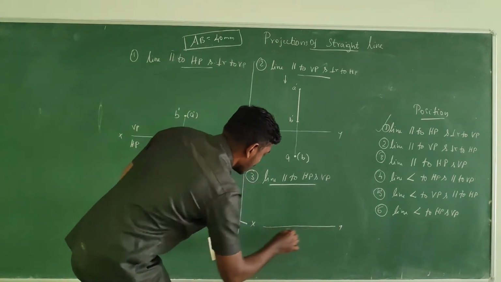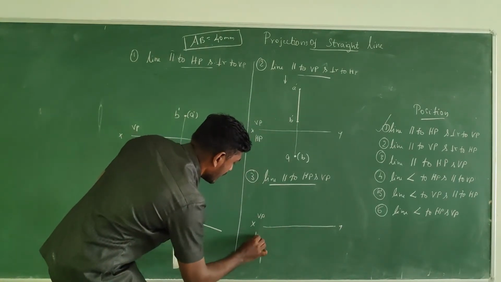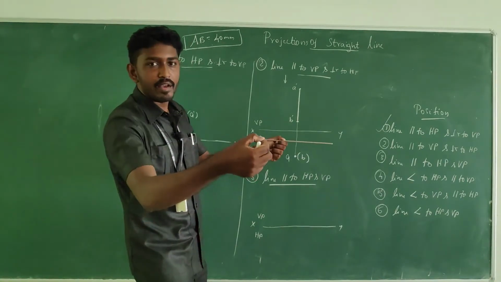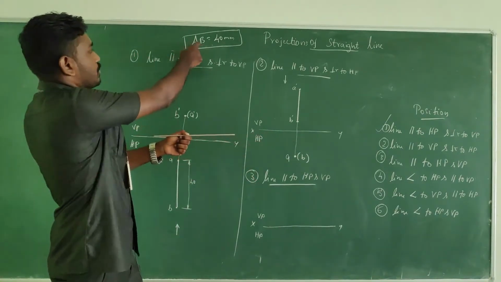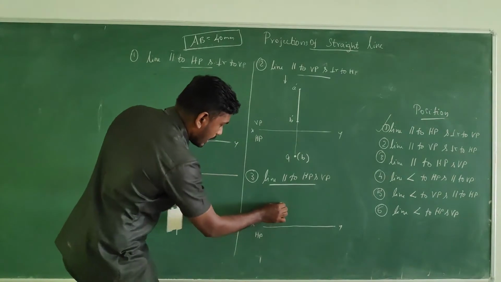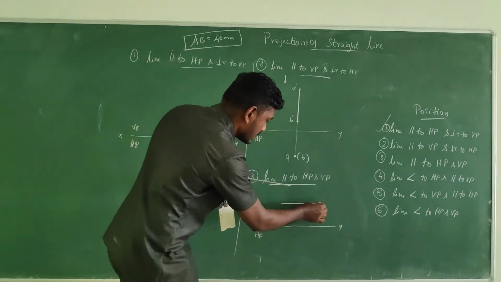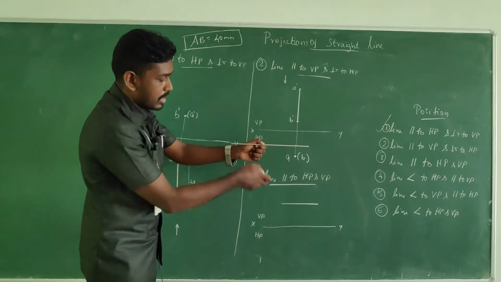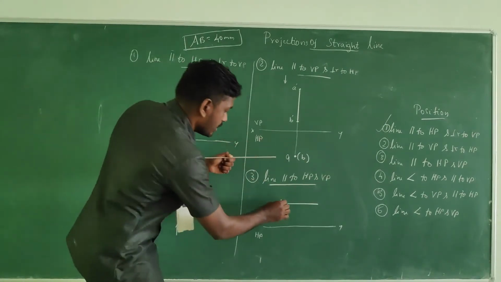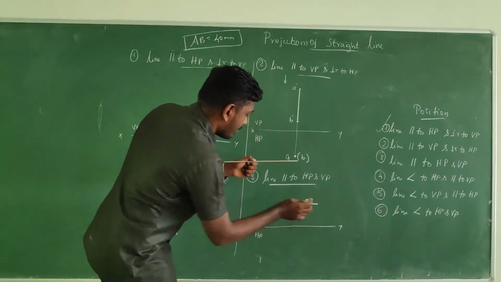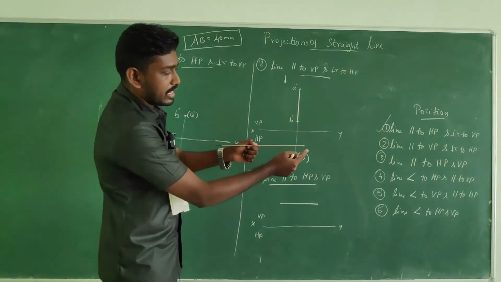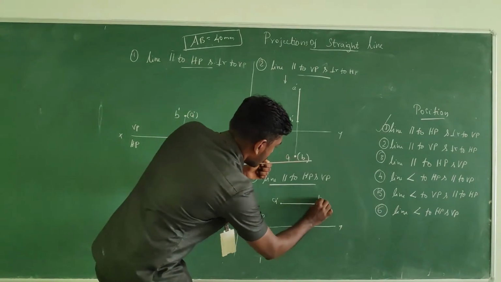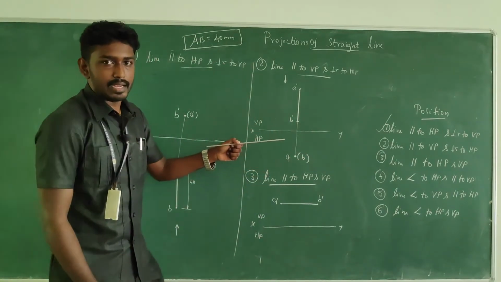So this is X and Y, here it is VP and here it is HP. I am going with the front view, so the line is 40 mm. In the front view I just have the horizontal line which I have observed. I am going to draw it with 40 mm, and I have taken this end as A and this end as B. So this is the projection A dash and B dash.